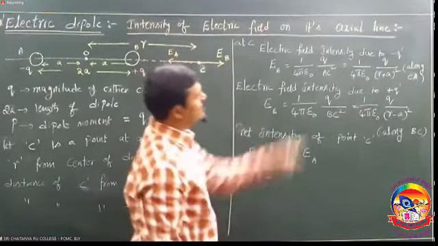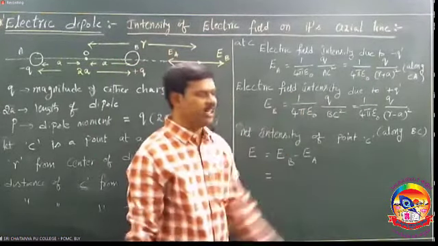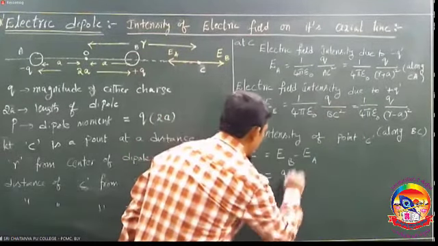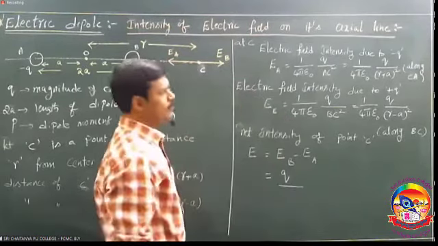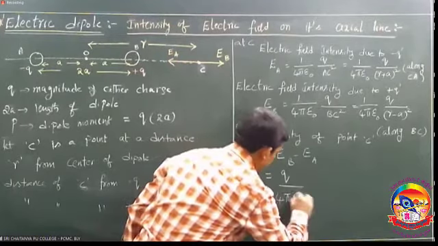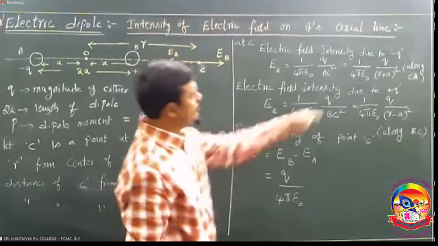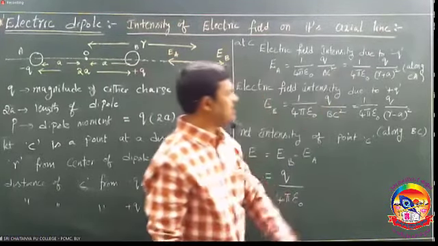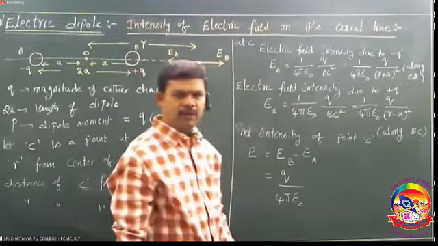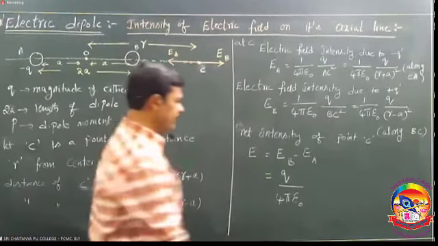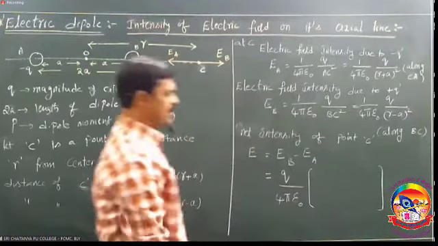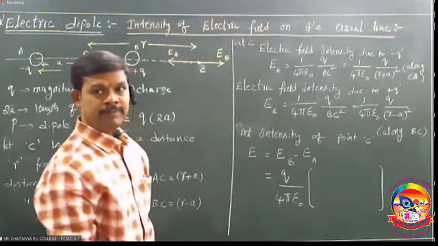Come on. See these two. What is common in those two? Q by 4 pi epsilon naught is common. Here also Q by 4 pi epsilon naught, common. Inside, what comes? Come on.